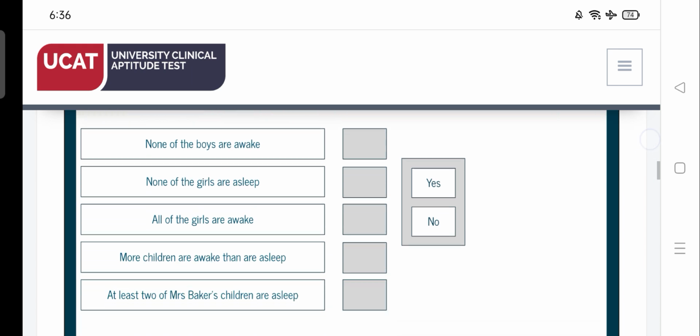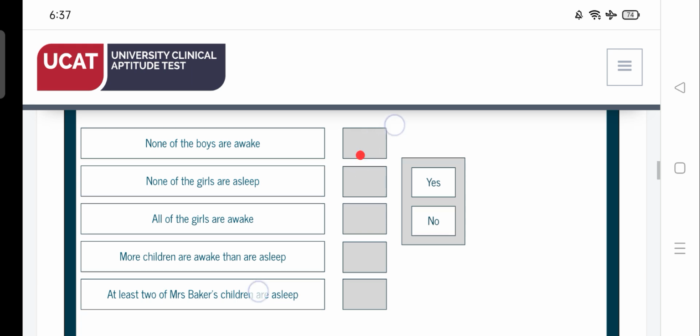So we don't know about them. That's the thing you have to remember: they don't mention it, and you don't need to make any assumption that if the boys are sleeping it means the girls are awake. No, they didn't say anything about it. That's why you don't need to make any assumption.